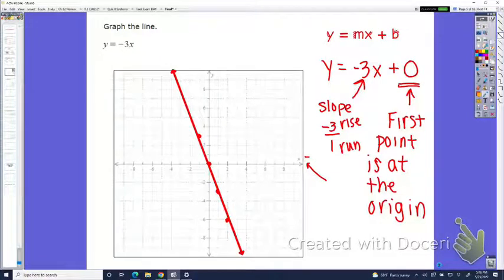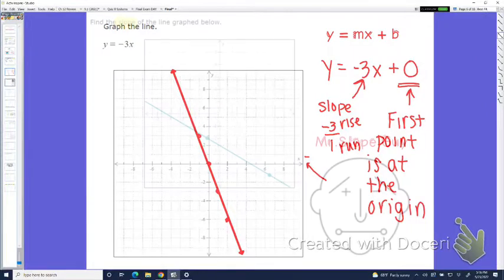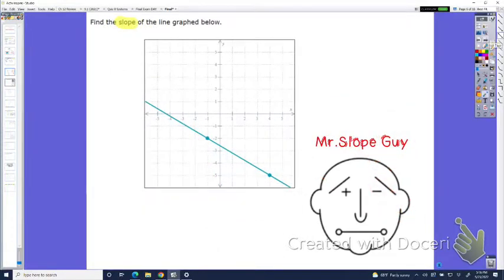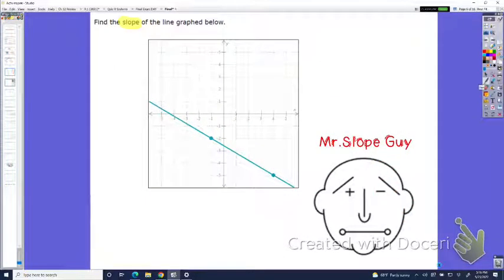The next question graphs the line. Now you need the slope. So just let me remind you, a positive slope slants upward while a negative slope slants downward. So that makes a big difference. We want to go from point to point and use rise over run. So starting with this point, I have to jump 1, 2, 3.